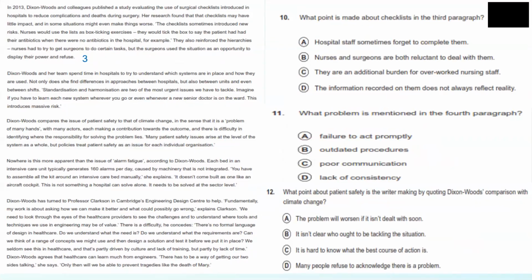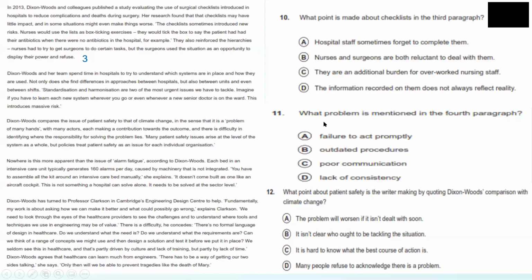In the next slide, we also have question number 10. This is paragraph number 3, number 4, number 5, number 6, number 7. Question number 10, what point is made about checklists in the third paragraph? So you will search for the correct answer in the third paragraph.